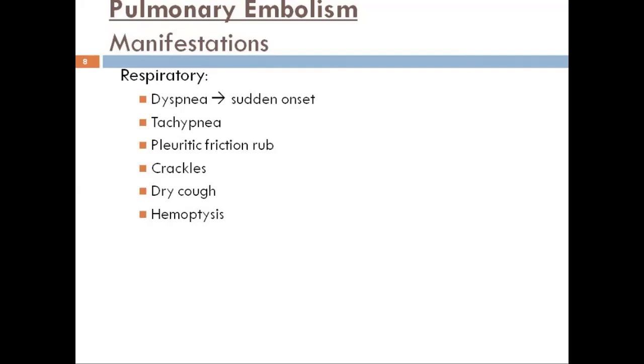If that can be picked up by the stethoscope, the person may be having pulmonary embolism, as well as the person has dry cough, and may even have hemoptysis. Hemoptysis is blood in the sputum, coughing of blood. If these signs are present, then the person is likely to be having pulmonary embolism, right?